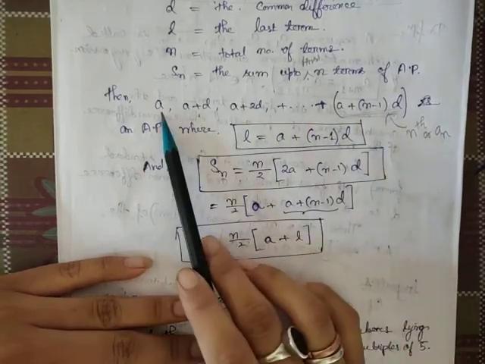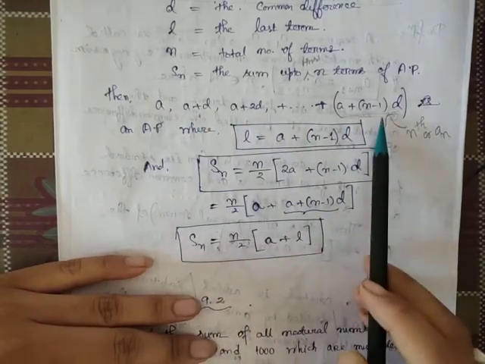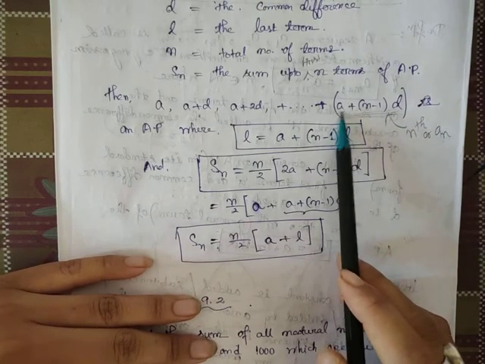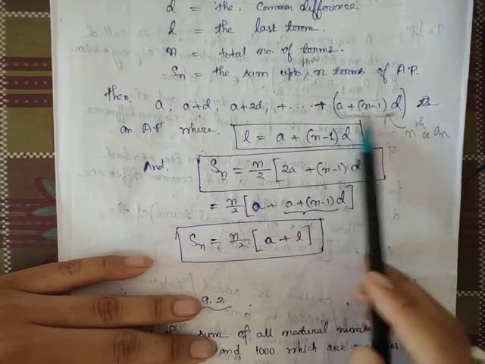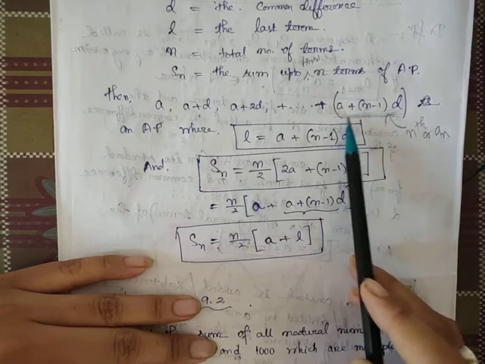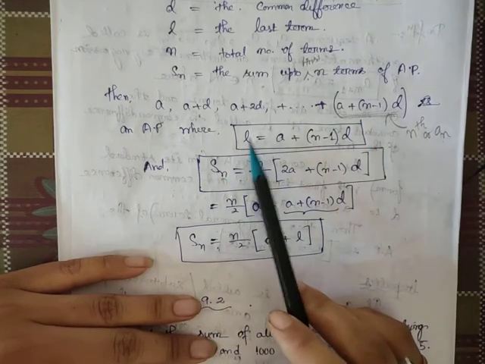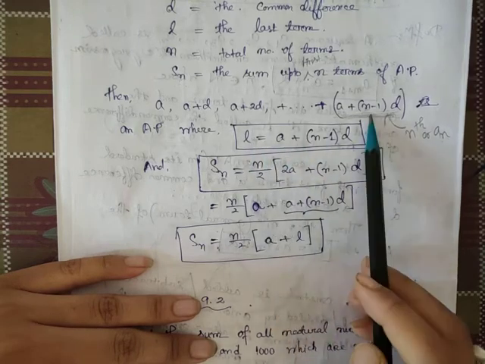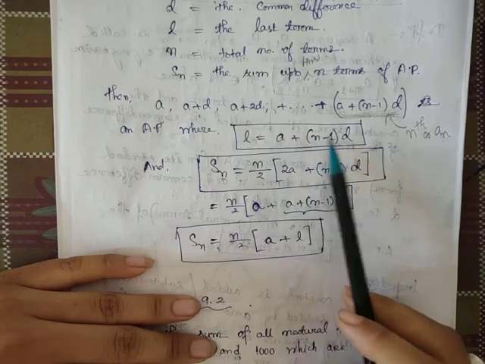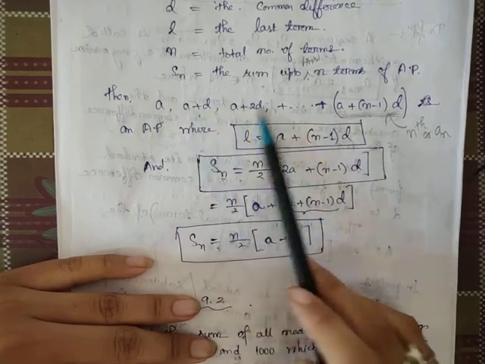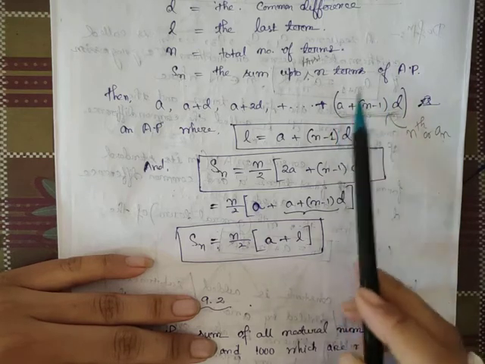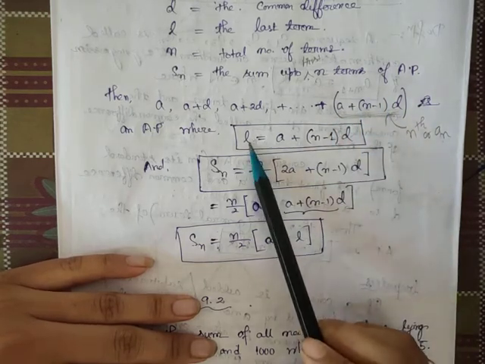So L, which is your nth term, now behaves as the last term, equal to a plus n minus 1 d. Because if the AP is finite, then the nth term will be your last term. Clear?